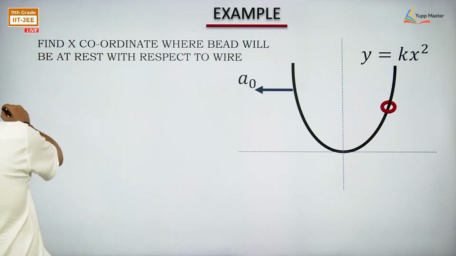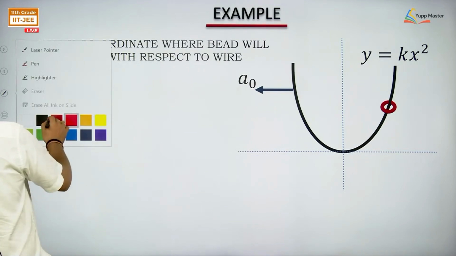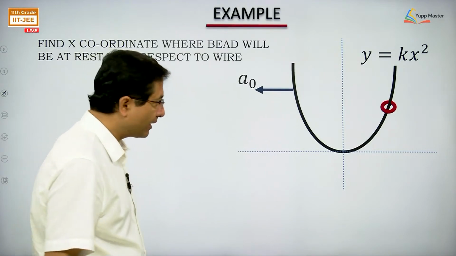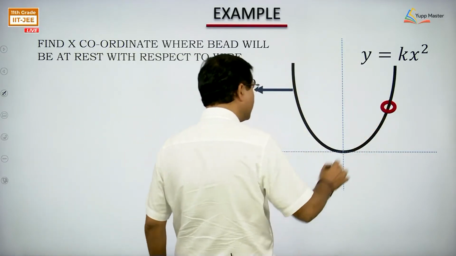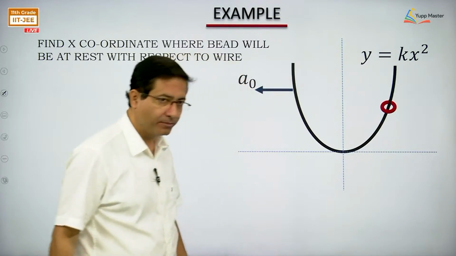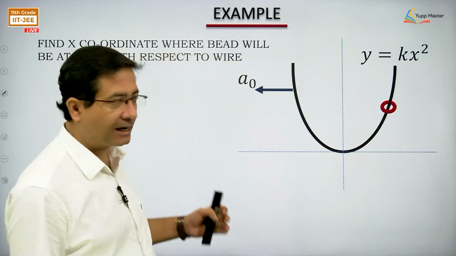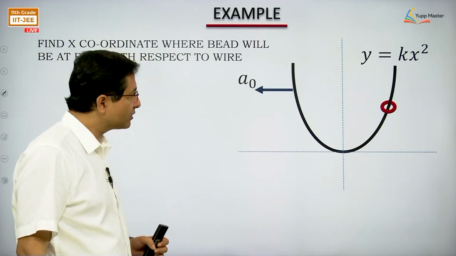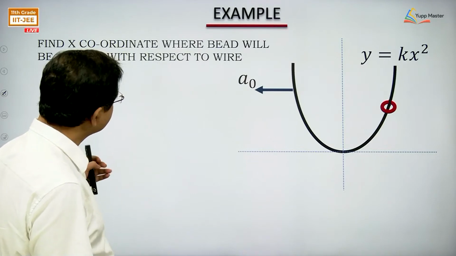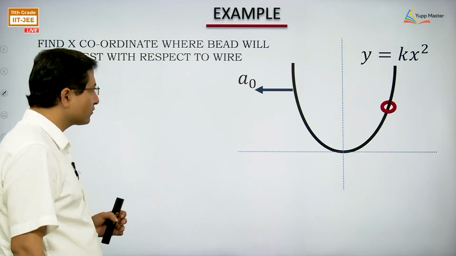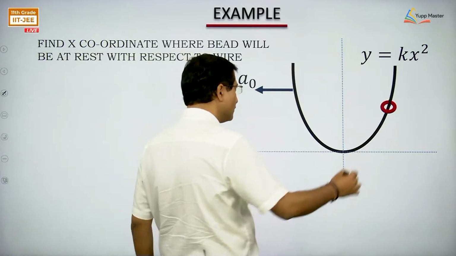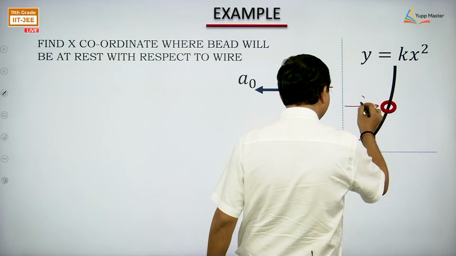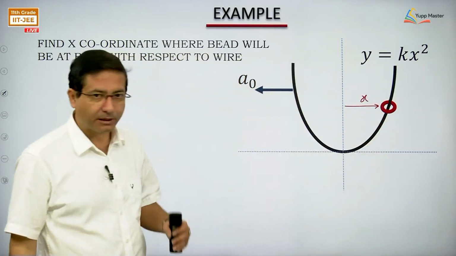Look at this one. So there is a wire in parabolic shape and it is being dragged with acceleration a0 towards left, okay, and the question is: what should be the x coordinate of the bead through which the wire passes, if the bead is stationary with respect to the wire?